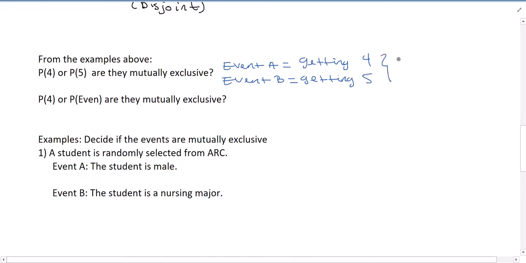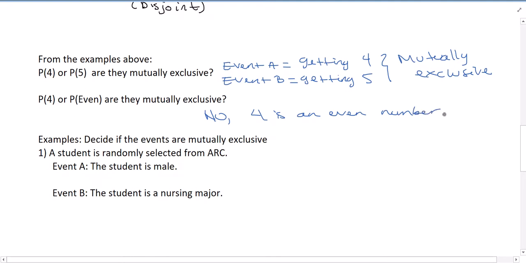So this will be mutually exclusive. Versus 4 or even, then A will be getting a 4, B will be getting even. Are they mutually exclusive? No, right? 4 is an even number, so they can happen at the same time.